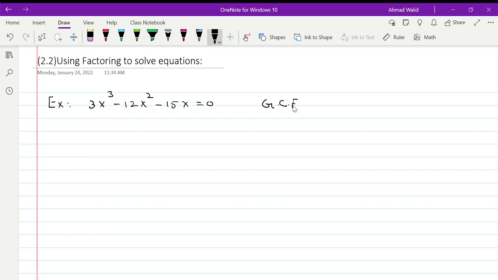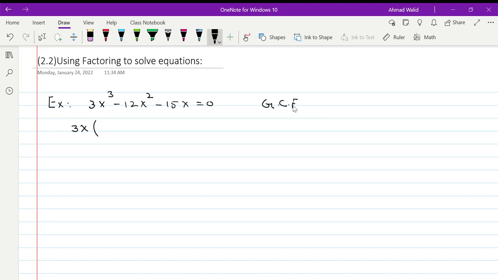Look at the left side of this problem. I can factor out 3 because 3 is a GCF for 3, 12, and 15, correct? And also you see x's in all terms, x cubed, x squared and x, and I told you you are taking the lowest exponent as a common factor to factor out.